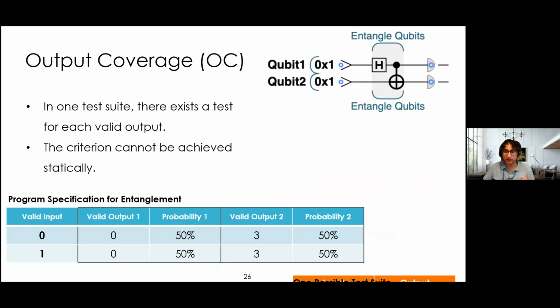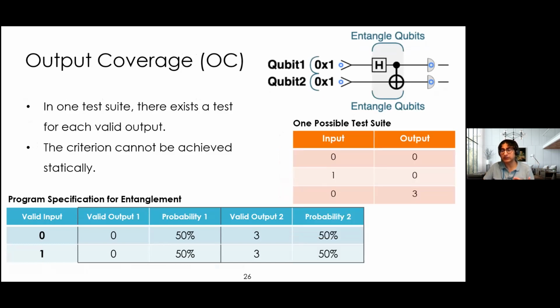Again, this was the same program specification. So a possible test suite in this case would be input 0, 1, 0, and the output is 0, 0, and 3. When we reach 3, it means that the valid outputs were 0 and 3, so at this point, we have achieved output coverage. This is the second coverage we tried.